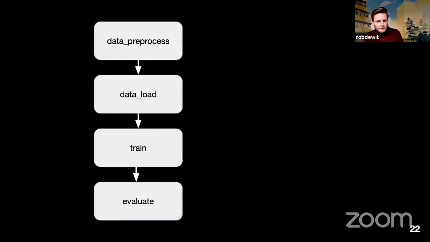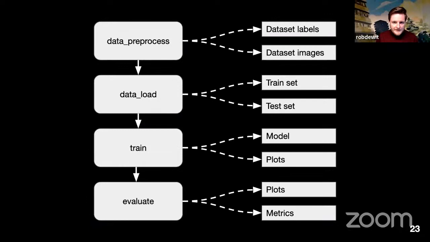And for those of you who may be aware, this can be described as a DAG. So we start at one point, and the subsequent stages only trigger as the previous stage is complete. All of these stages result in a number of outputs. So for example, for the model training stage, we have a model as a result, and also a bunch of plots that show how our model training went.